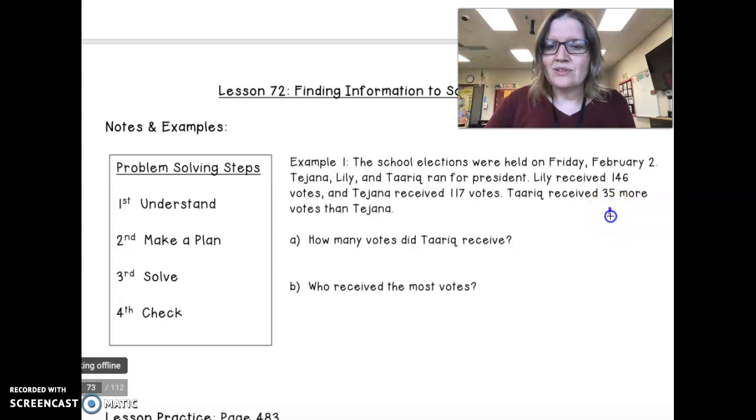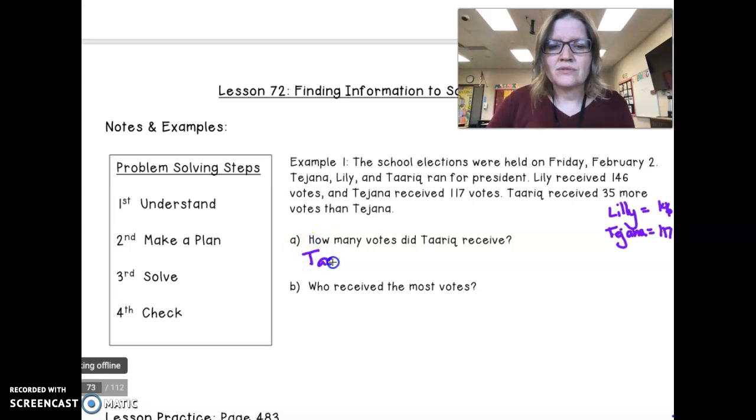But I am going to write down Lily was 146. And then I'm also going to write down Tehana was 117, and Tarek is 35 more votes, which if I were to look at that, I could make a little equation.